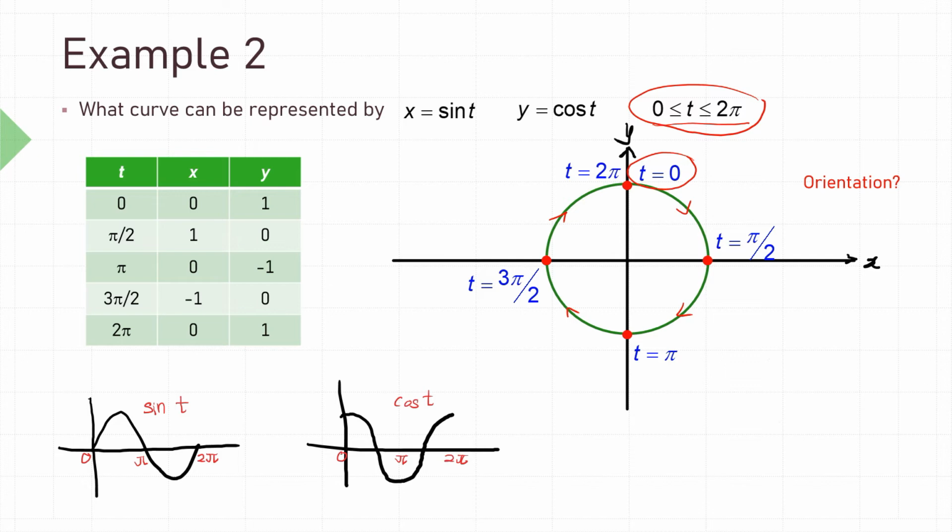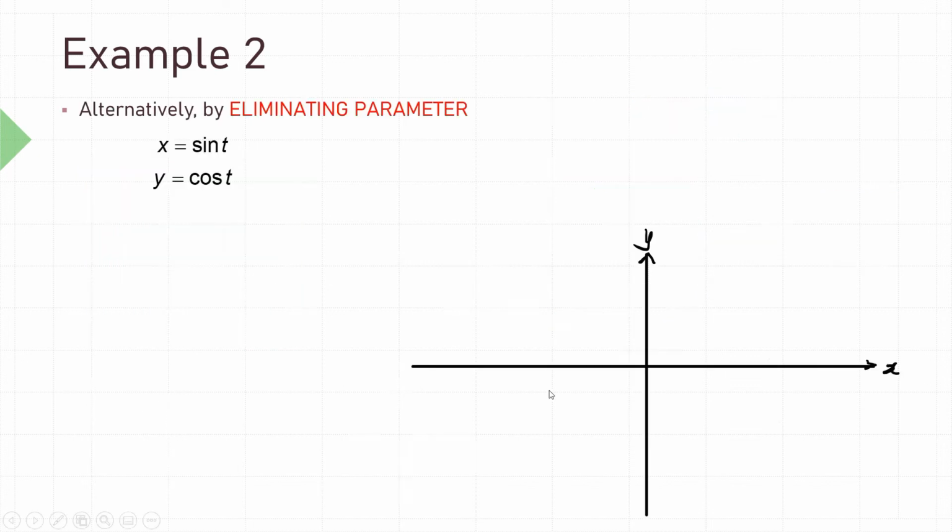That's the orientation. Now alternatively, we can eliminate the parameter from the parametric equations. How do I eliminate the parameter here? This is the part where you have to recall the trigonometric identity. What if you square both x and y?